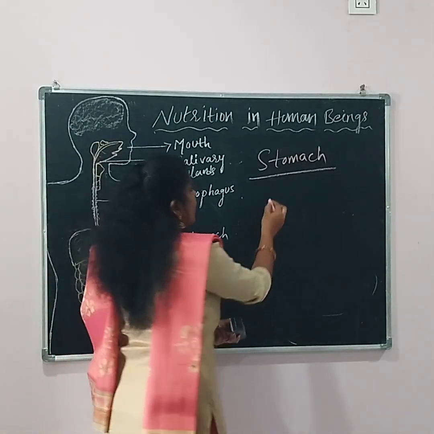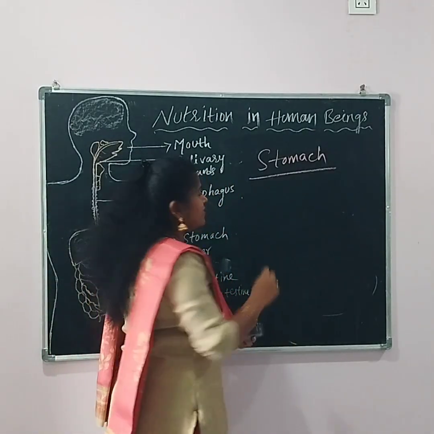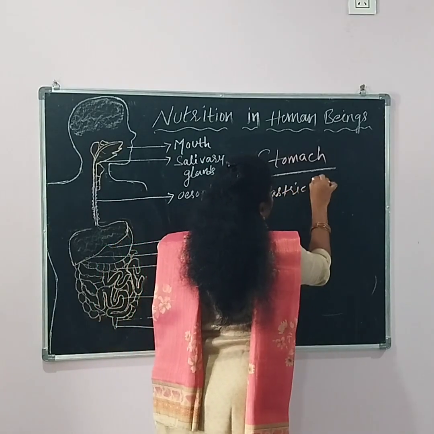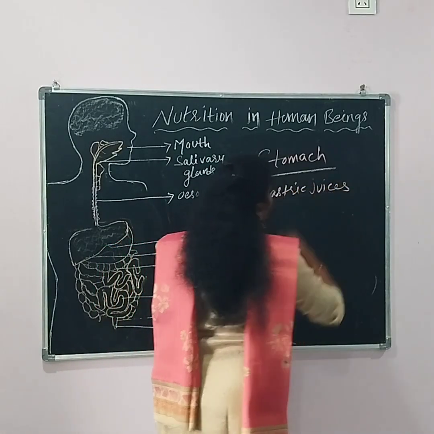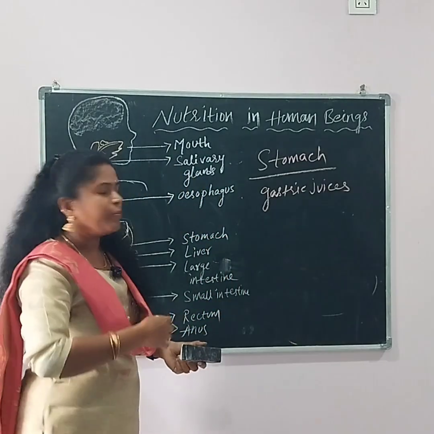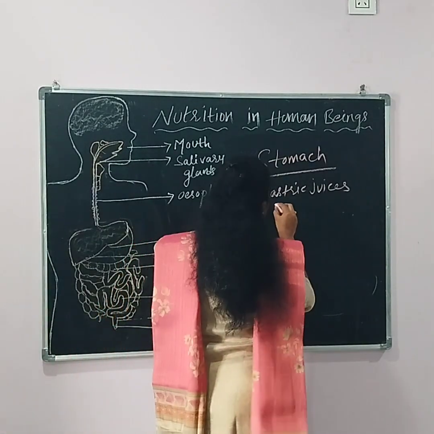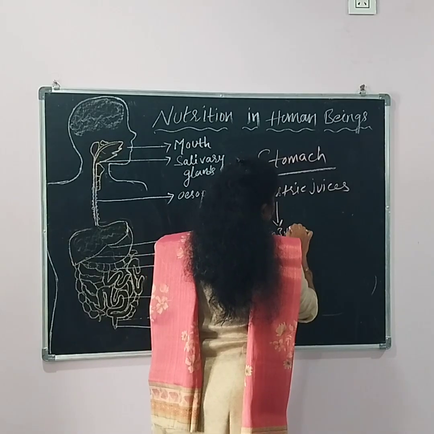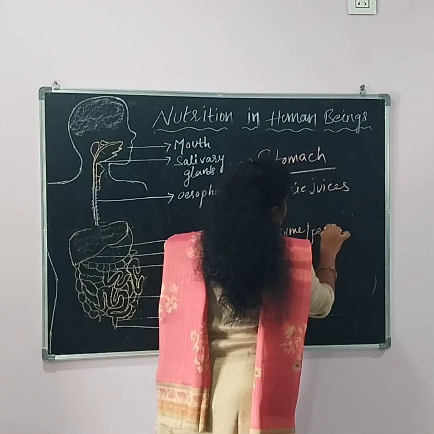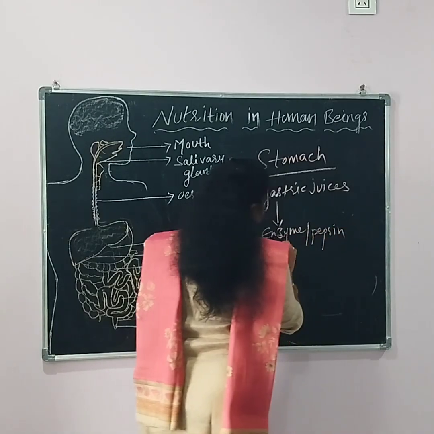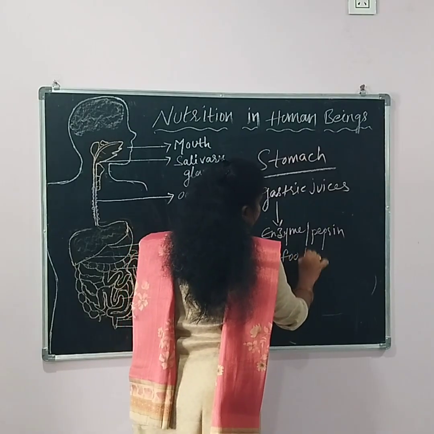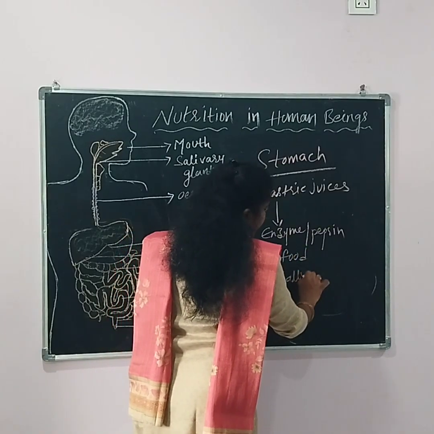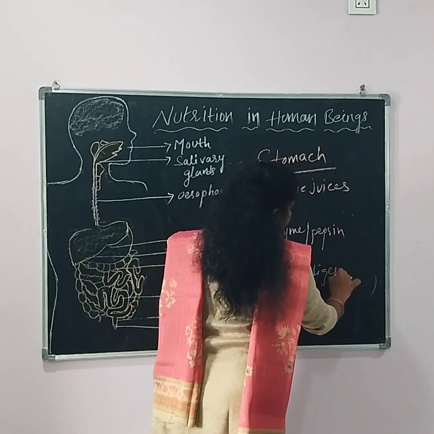And here, the walls of the stomach release gastric juices and the enzyme pepsin. By using the gastric juices and the enzyme pepsin, food is partially digested.